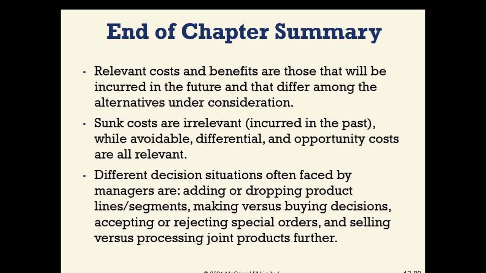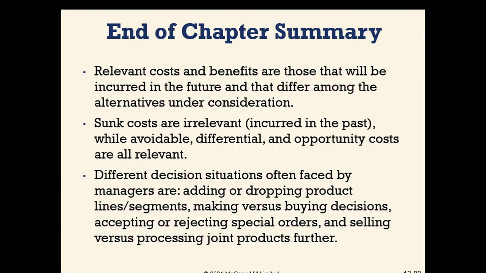So that brings us to the end of the chapter, with the exception of the appendices, which we're not going to go into. We looked at how relevant costs and benefits are those that will be incurred in the future and that differ among the alternatives under consideration. Sunk costs are irrelevant because they are incurred in the past and nothing we do can change those.